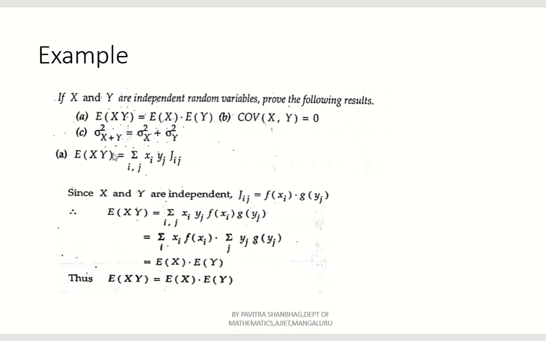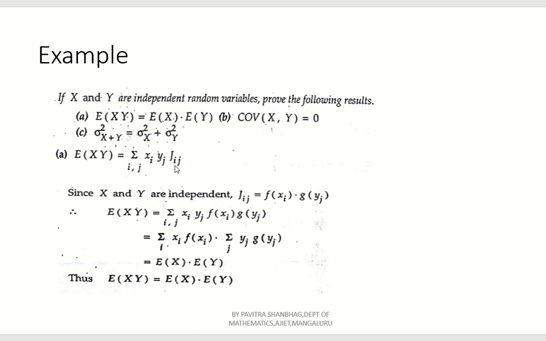See once again, E of xy, we need to prove Ex into Ey. Now what is the definition of E of xy? Summation xi yj into Jij. But what is Jij? That is f(xi) into g(yj), because they have already mentioned x and y are independent. Because of the definition of independent random variables, we can write Jij as a product of these functions.